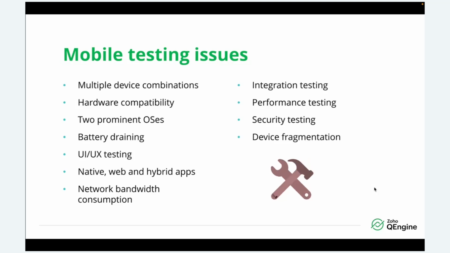When we talk about mobile application testing, of course, there are three different types of applications. One is a native mobile application. Native as in it runs natively on, let's say, the Android platform or the iOS platform. And then there are web applications, which are built to run on, let's say, a desktop or a personal computer.